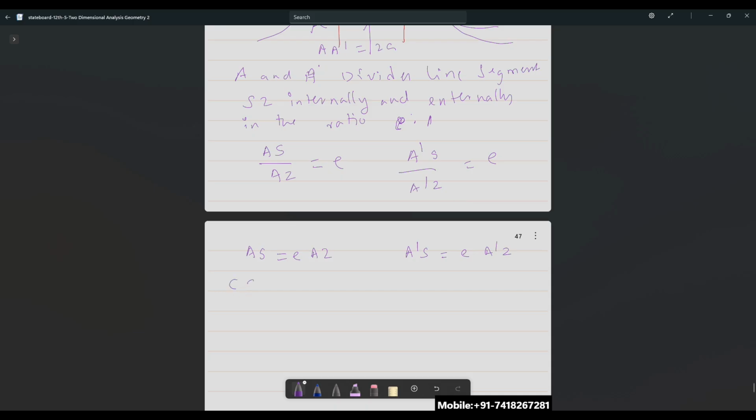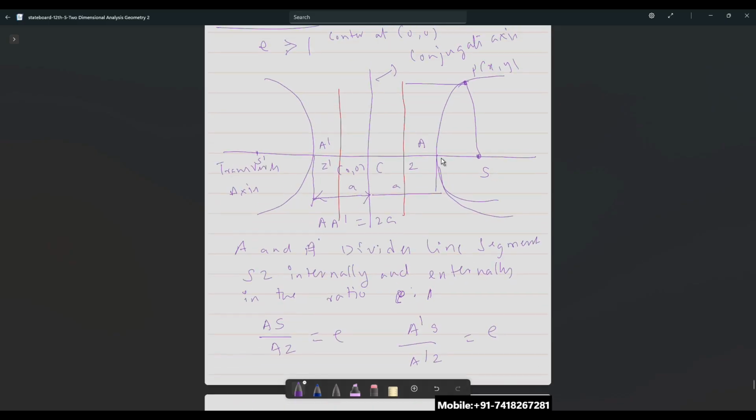So CS minus CA is equal to e times AZ. AZ is the distance that can be found from CA minus CZ.